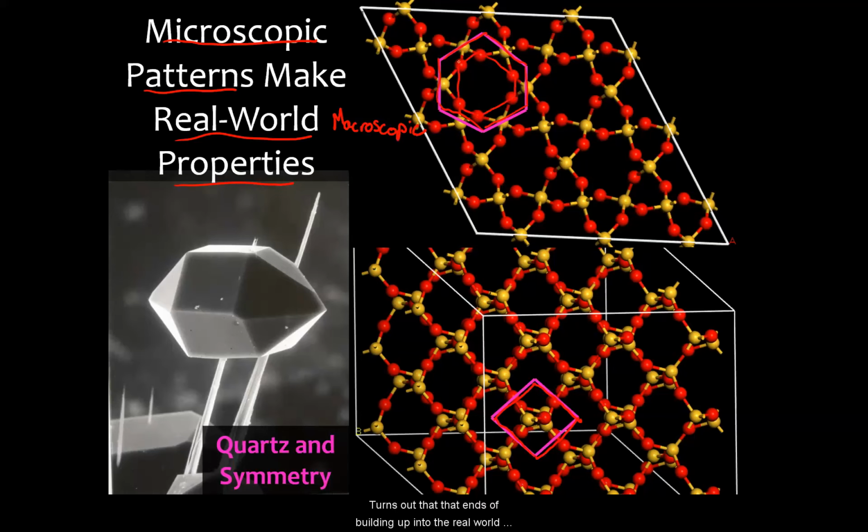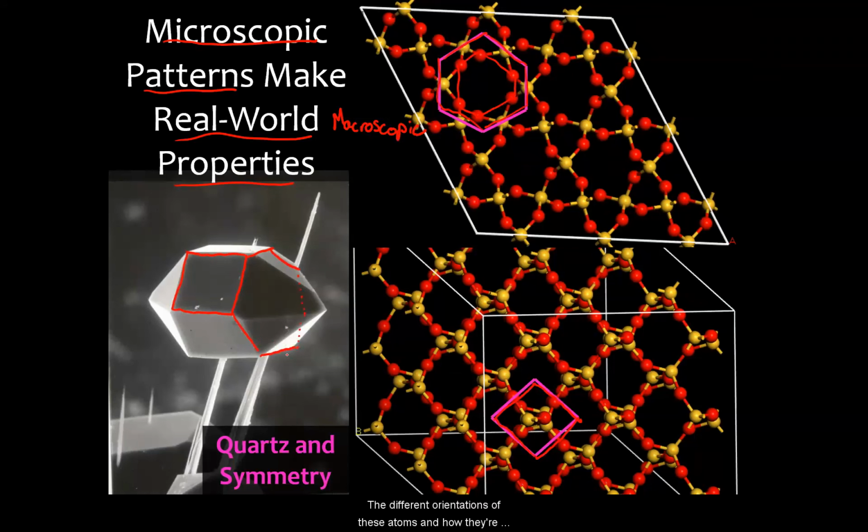Turns out that that ends up building up into the real-world symmetry of the quartz crystal. You can see that four-sided shape here, and the edge, at least, of the six-sided shape here. We continue underneath like that. 1, 2, 3, 4, 5, 6.